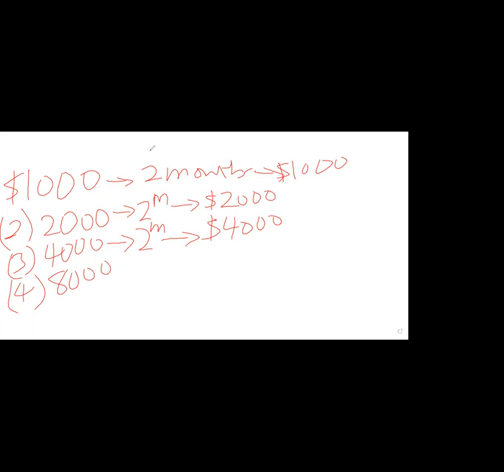Let's do it. So 2 months, you're going to make $8,000. Now, when I add the 8,000 to my capital, I'm going to need some more room, right? $16,000. Okay, so $16,000, 2 months.